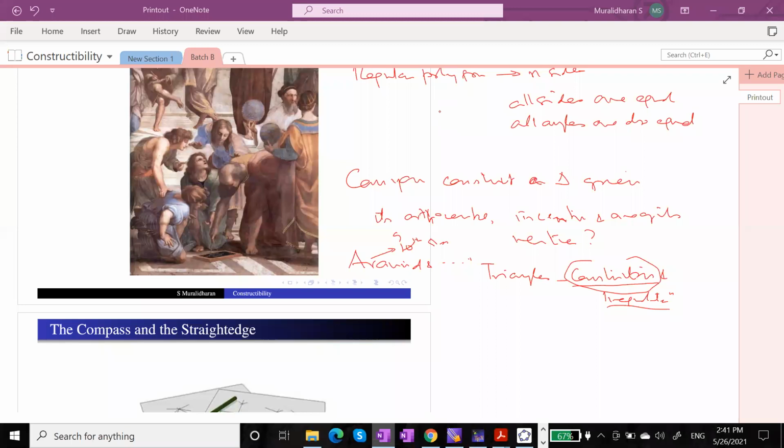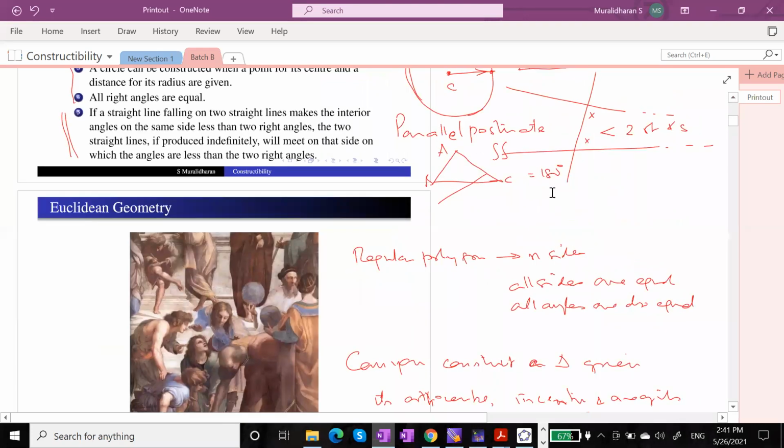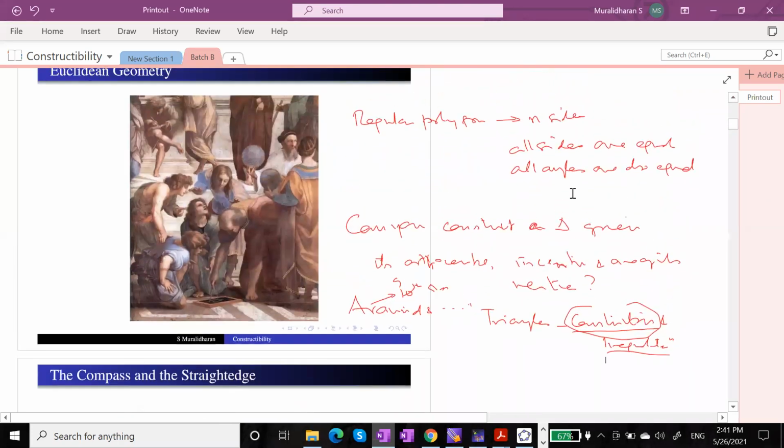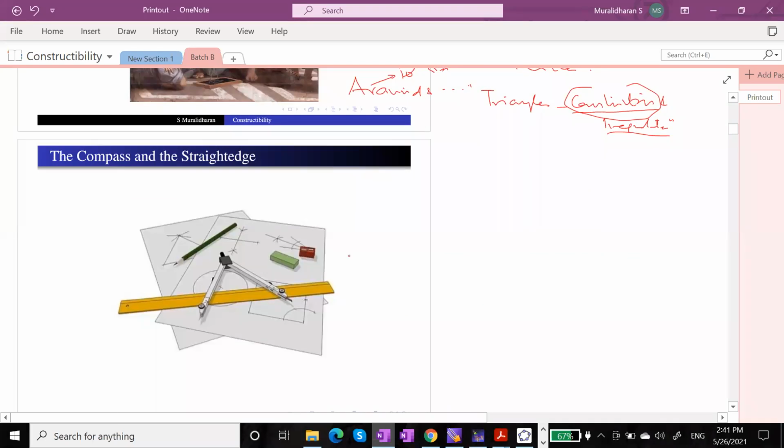Okay, let's come back to this one: a regular polygon of n sides. We have this regular triangle, which is an equilateral triangle. We can definitely construct it given a side length. What you do is draw an arc like this with this end as a center, and then from the other end draw the same arc with the same radius, and if you join the intersection point to these two ends, you get an equilateral triangle.